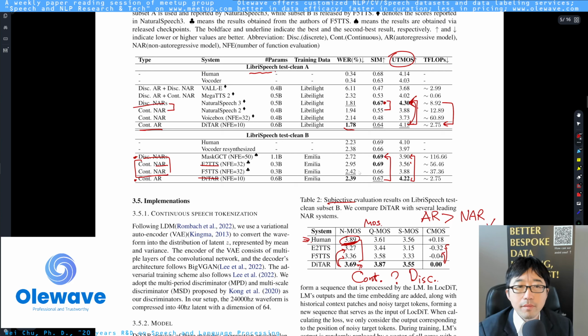See this? So NAR is worse, but the discretized in this way is way better than continuous signal, right? See these two. Although the word error rate is behind their proposed method.